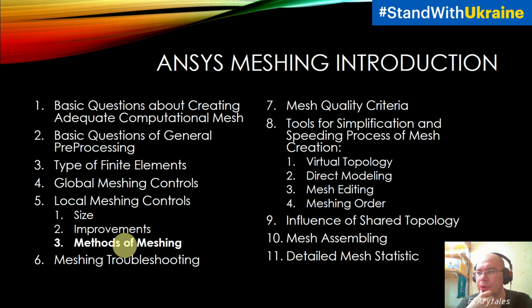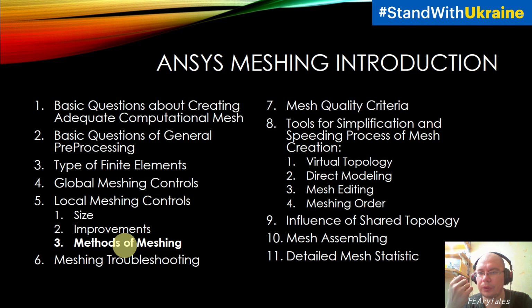And also we'll talk about how meshing order can help, or in other ways make our meshing process worse. It can help or make it worse in a couple of ways.